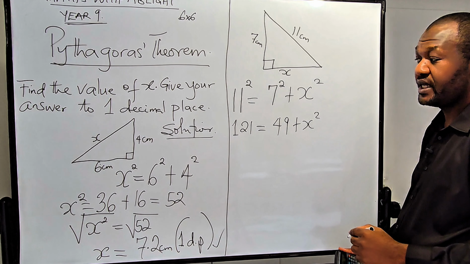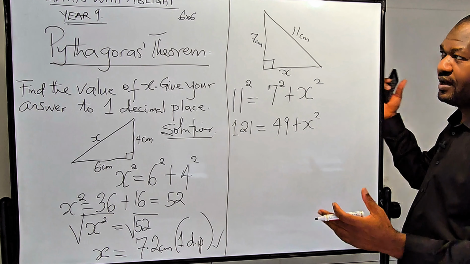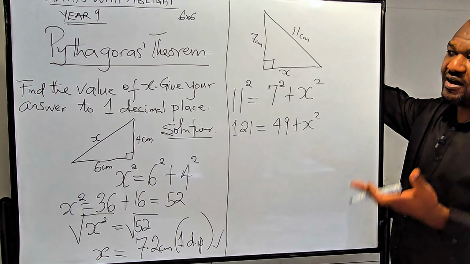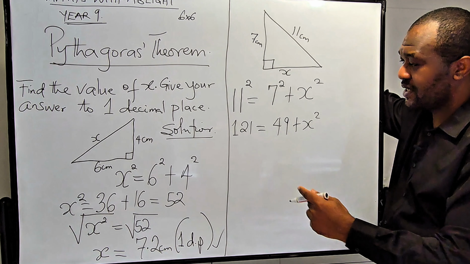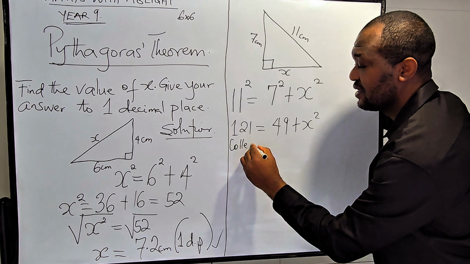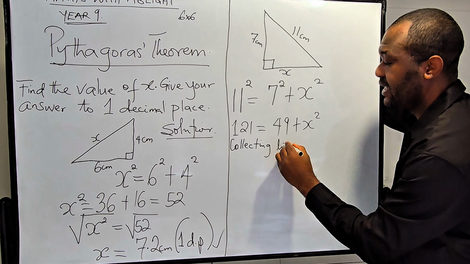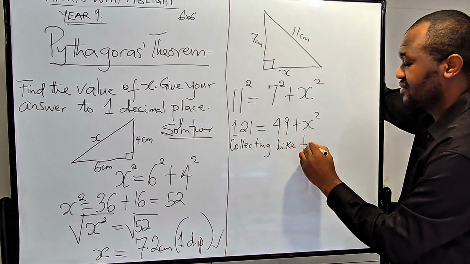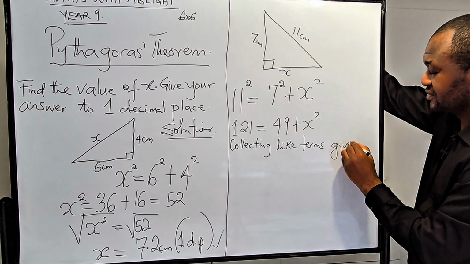In this case, you collect like terms. Now, year 9 they're already coming up, so I'm going to use a little of that mathematical language that we use. So you simply say collecting like terms jives.